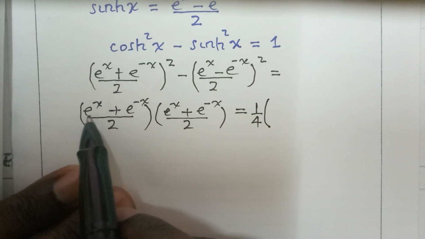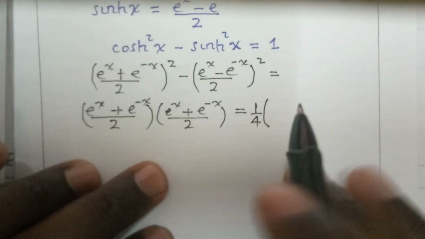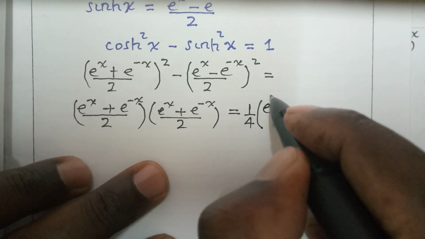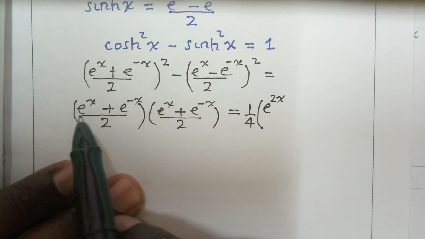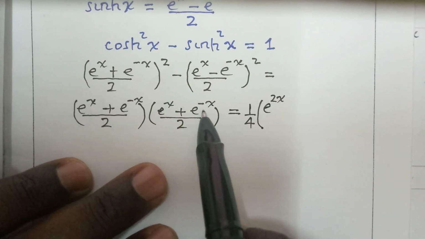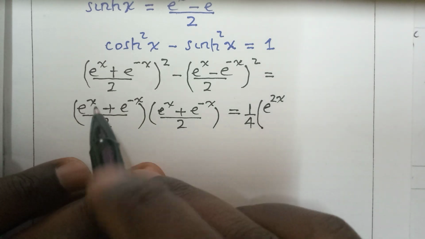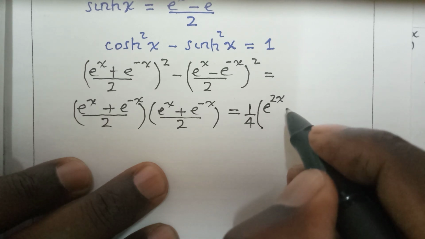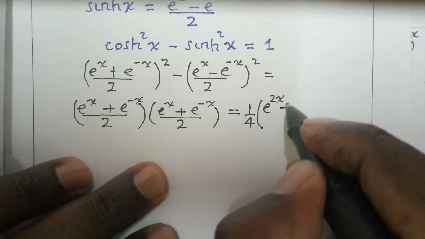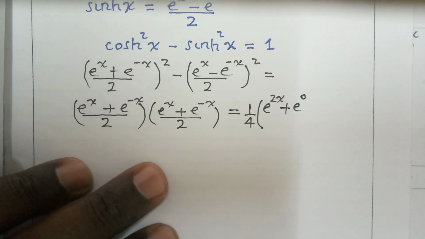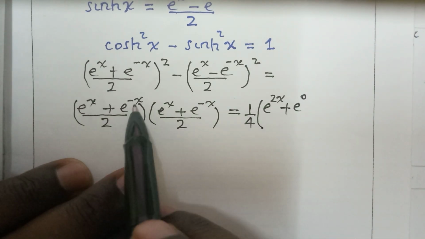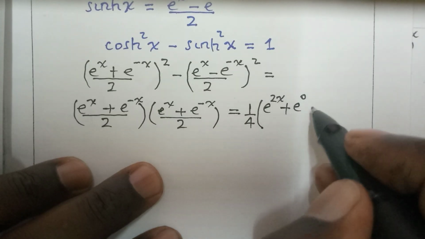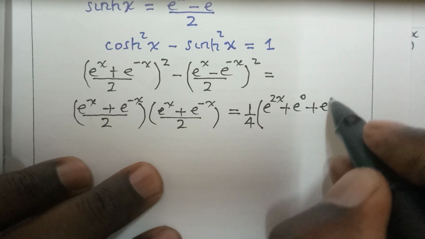So e raised to x multiplied by e raised to x gives us e raised to 2x. Then e raised to x multiplied by e raised to negative x, using indices, is going to be e raised to 0. So this one will be plus e raised to 0. Then e raised to negative x multiplied by e raised to x gives us also plus e raised to 0.